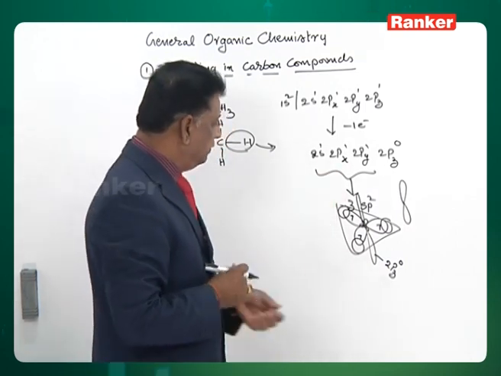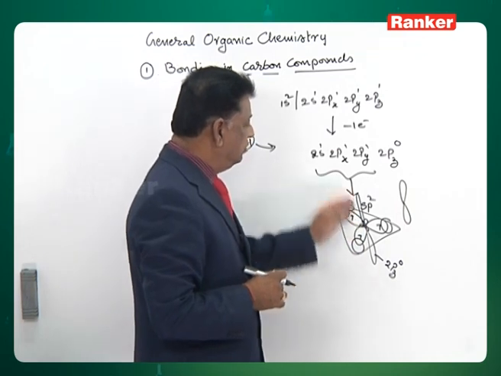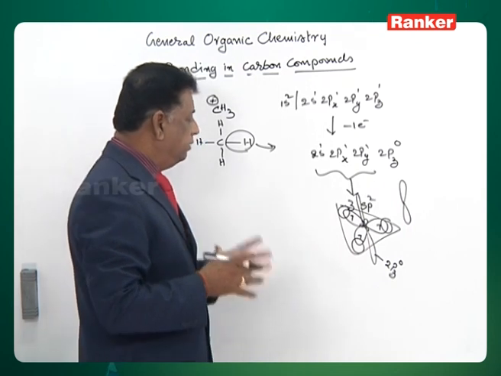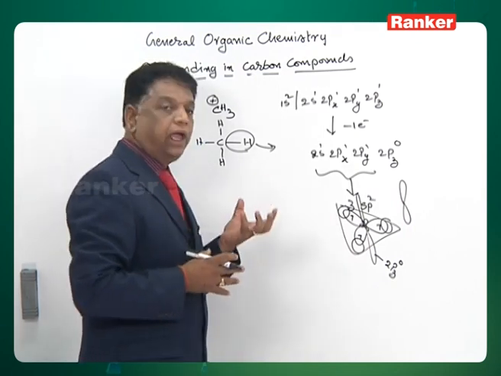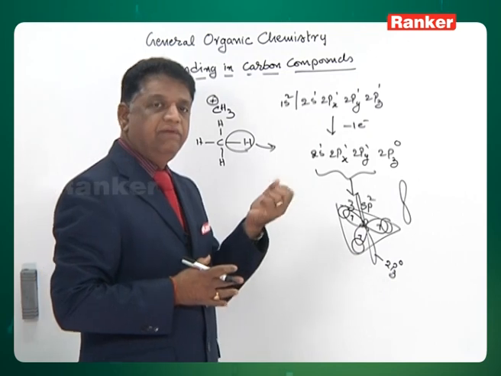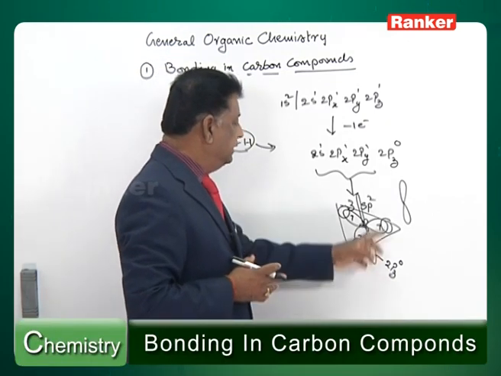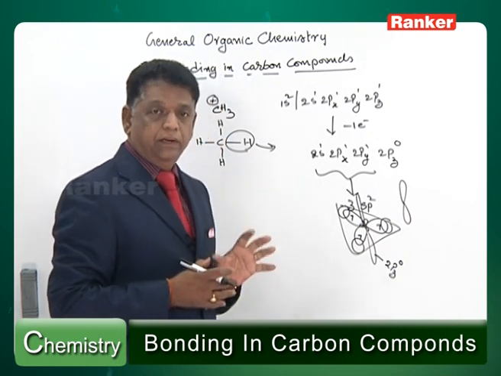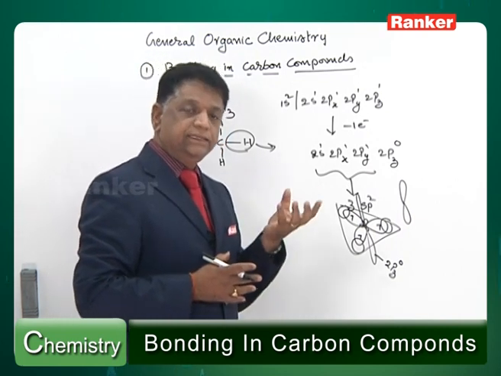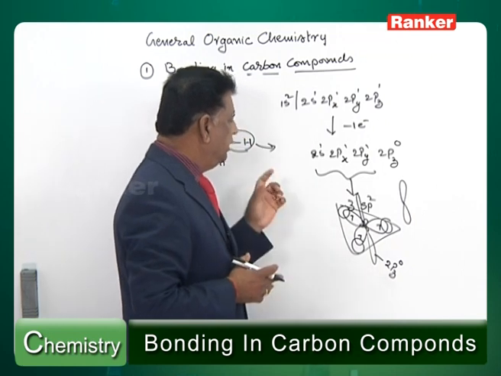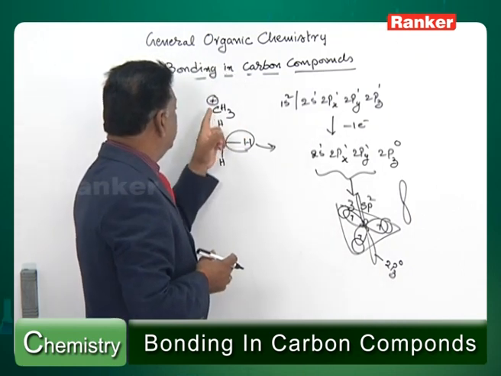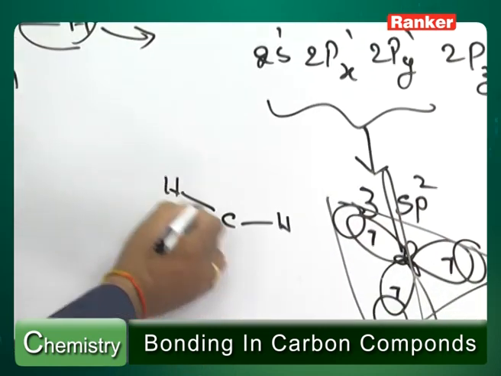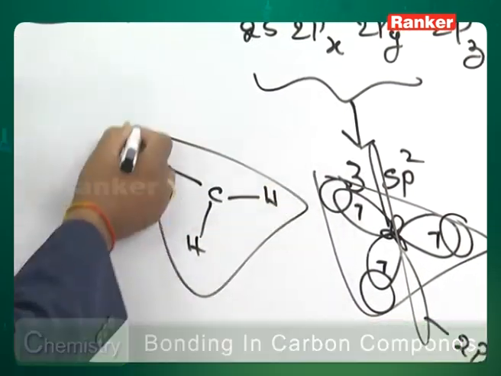So, if an electron comes, it will come into that pz orbital, which can act as an electron receiving source. Therefore, CH3 plus is obviously called an electrophile, that means it has electron seeking nature. The bond angle in CH3 plus, with 3 hydrogens, is that of a trigonal planar arrangement.